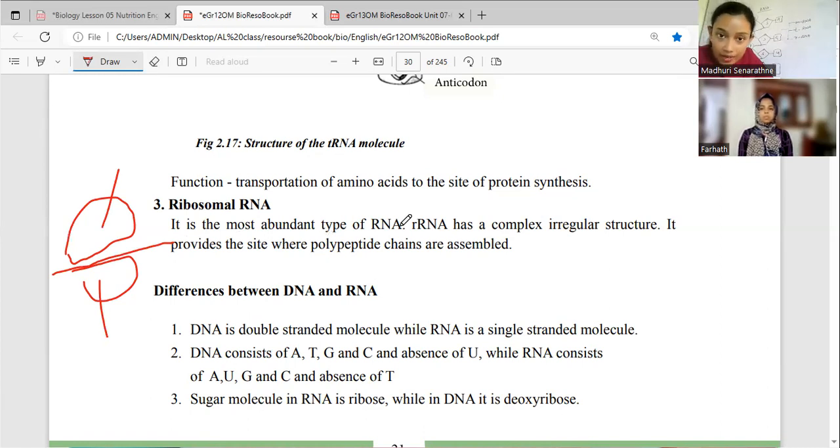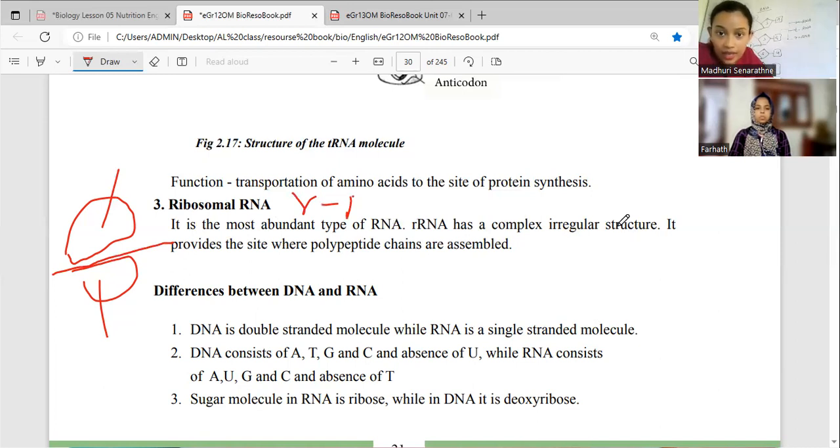It is the most abundant type of RNA. Which one is the less abundant RNA? Messenger RNA. Very good. Messenger RNA is least abundant. The most abundant type is rRNA. How can we write it? Simple r, capital RNA: rRNA.